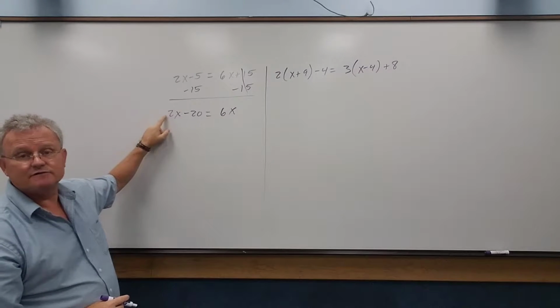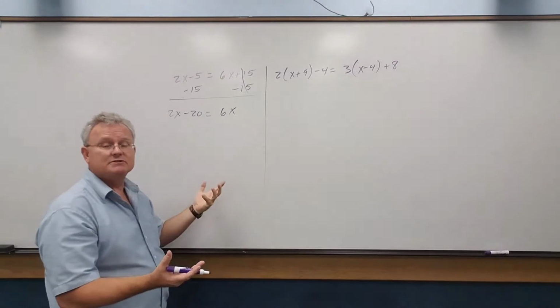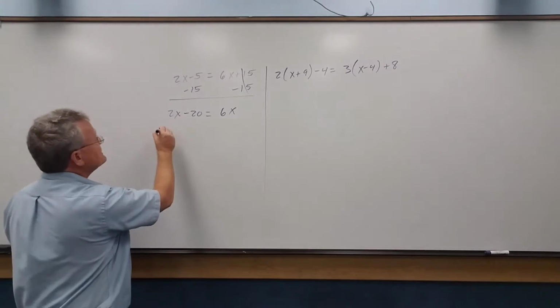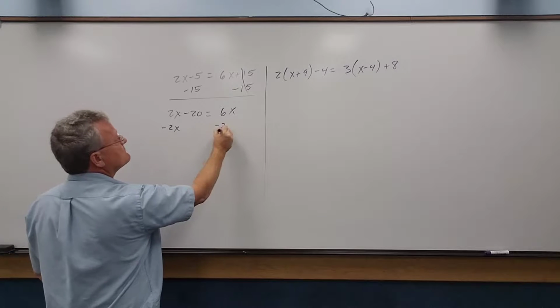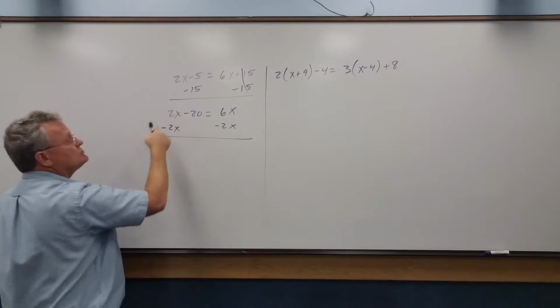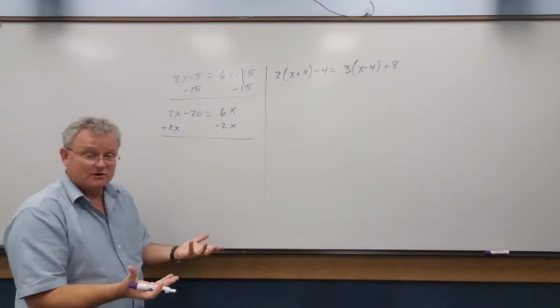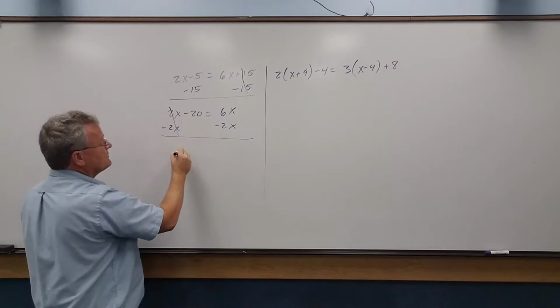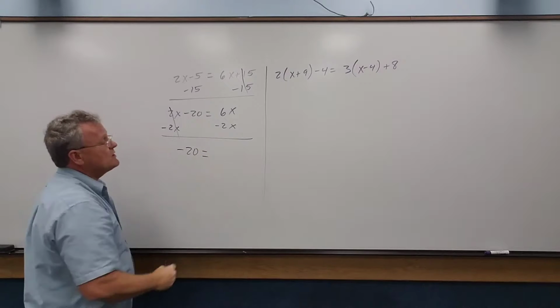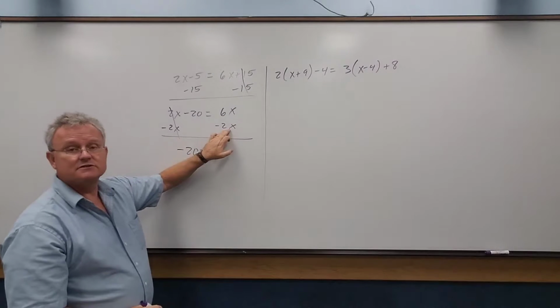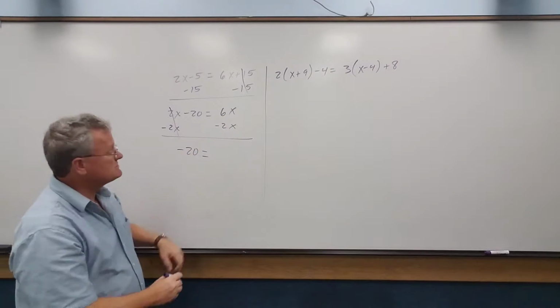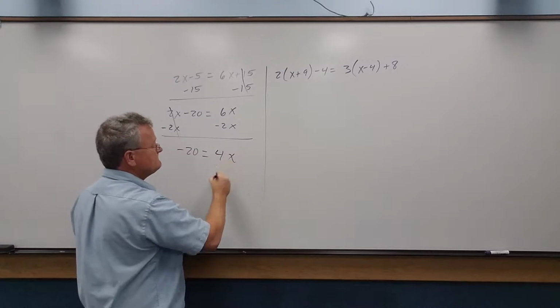This is a positive 2x, so the opposite is subtracting 2x from both sides. 2x's, take away 2x's, you're left with 0x's, and 0 minus 20 is minus 20. 6x's, take away 2x's, leaves us with 4x's.